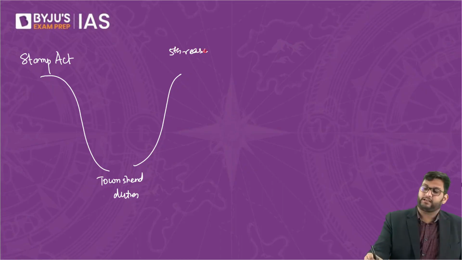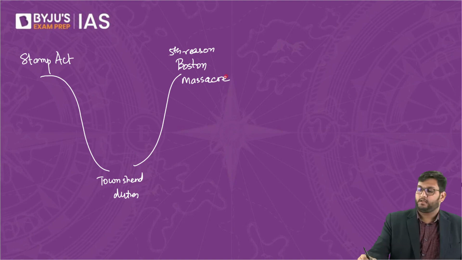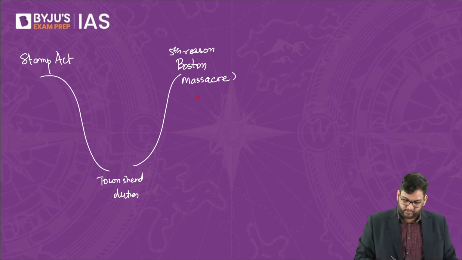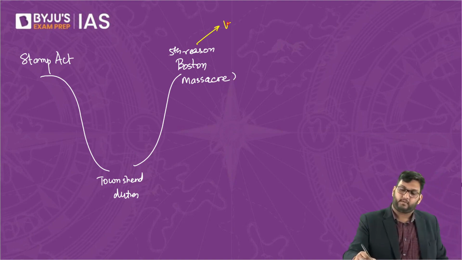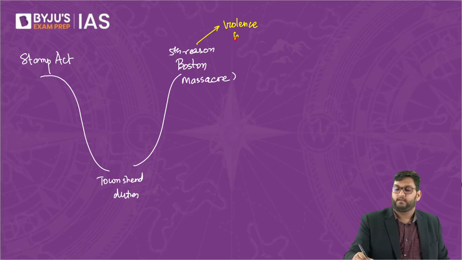reason for the American Revolution, which is called the Boston Massacre. And the Boston Massacre is important because violence became a part of this relationship.